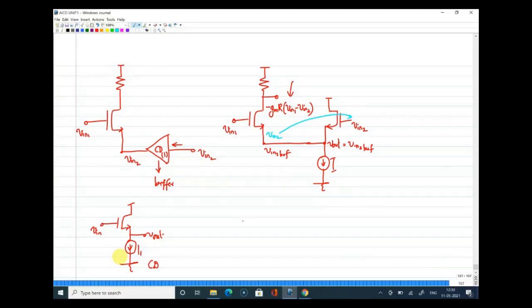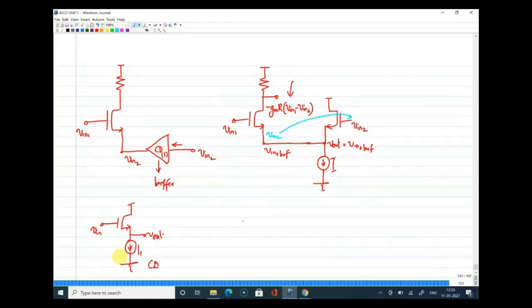Started with a resistive load and later we said that we will not keep a resistive load because of the higher value of resistors, and ideally what we need is a current source, but that current source will be replaced by a MOSFET. You can think of that as a load of the circuit. When you have a current source, the load resistance is infinity. When you have a resistance, the load resistance is R. That's it.